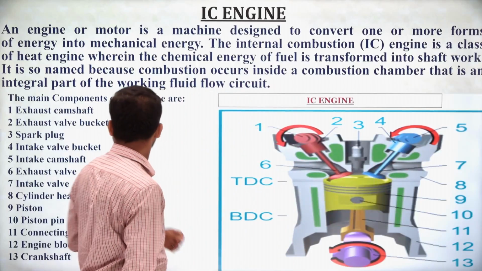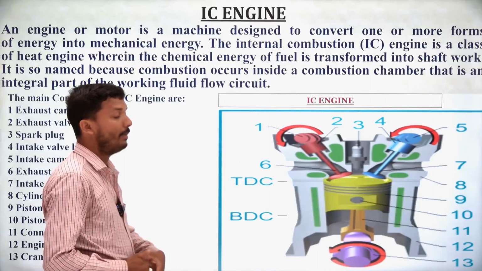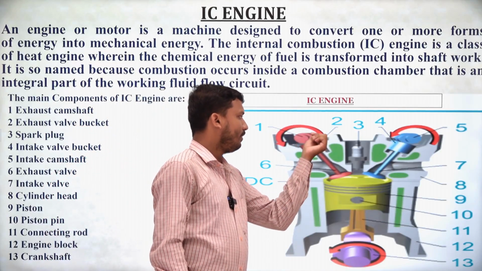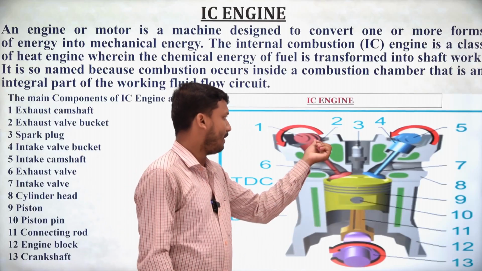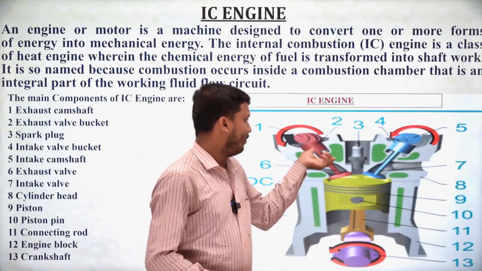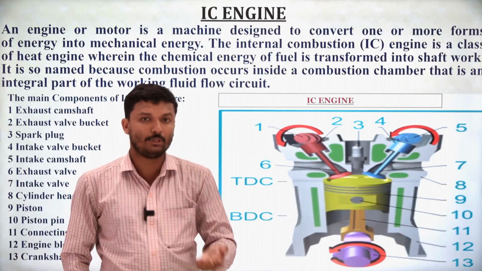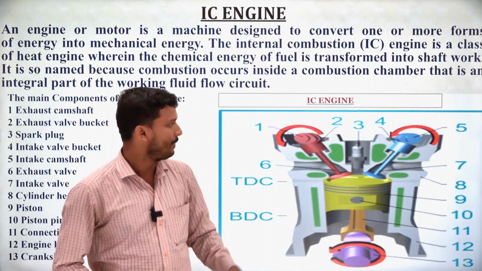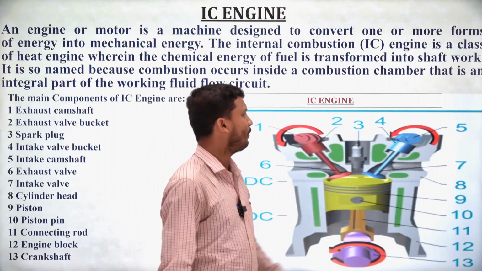Next is number 2, the exhaust valve bucket. Just beside number 1, the exhaust camshaft, there is the exhaust valve bucket, which guides the camshaft and the valve for transmitting power from the camshaft to the exhaust valve. Number 2 is similar to number 4.